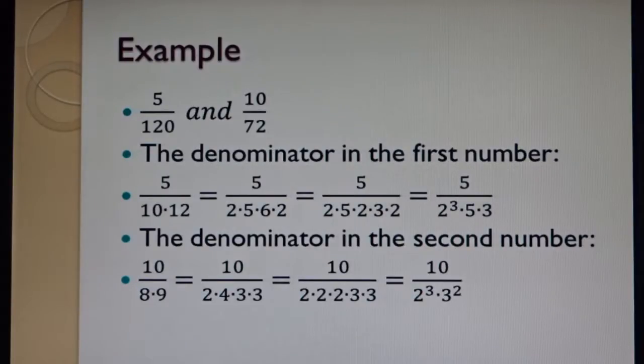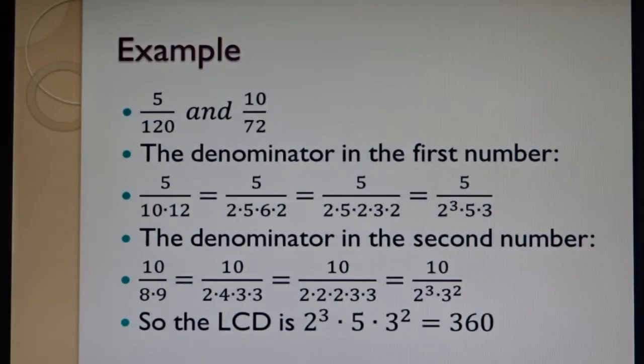So I have 3 2's and 2 3's. So our LCD is going to have 3 2's, 1 5, and 2 3's. So our LCD is going to be 360.